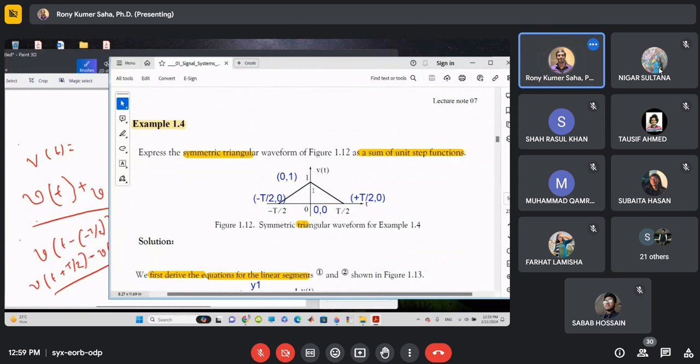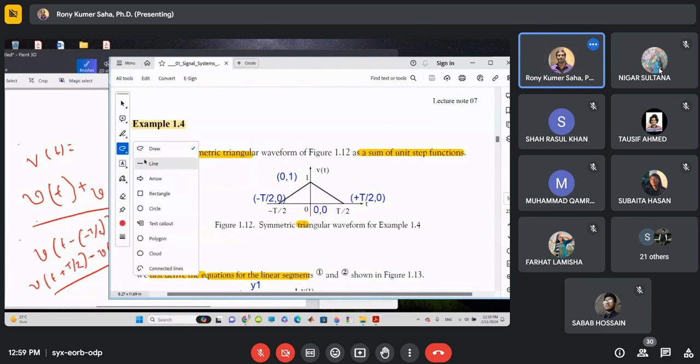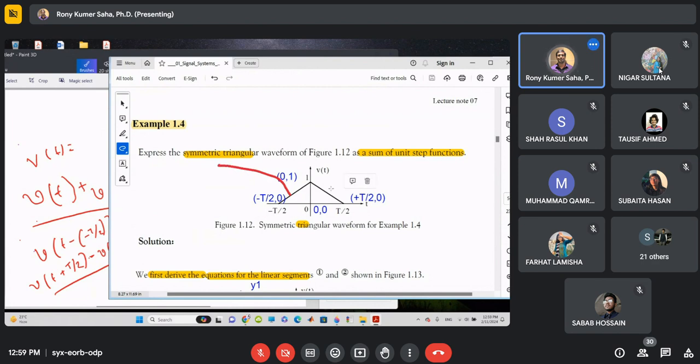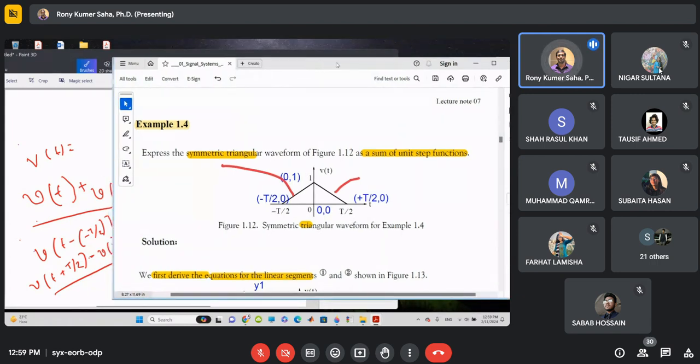So in both cases you have to identify the signal responses. These are the two cases. Let's try this one and see if it is possible or not.